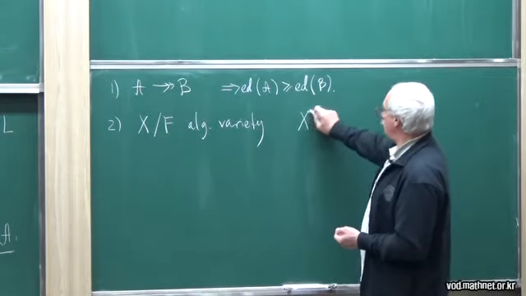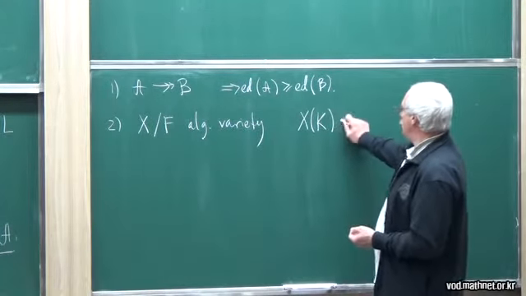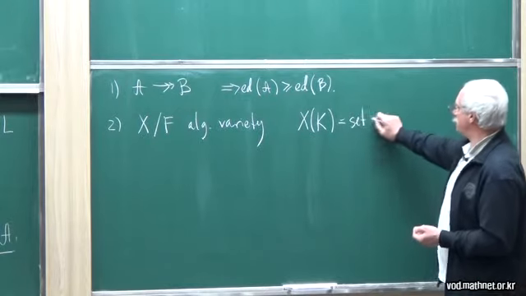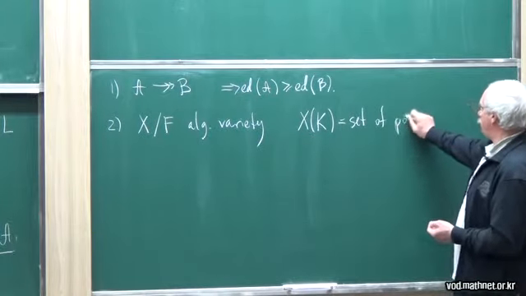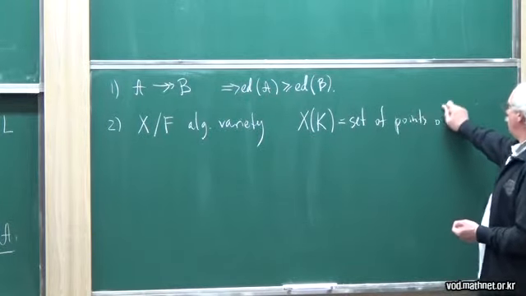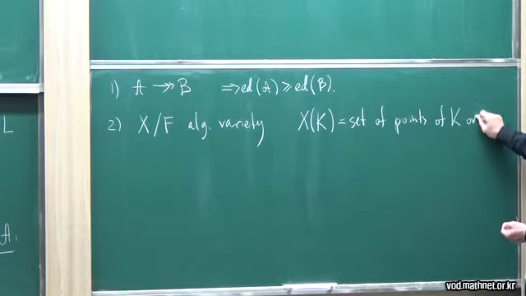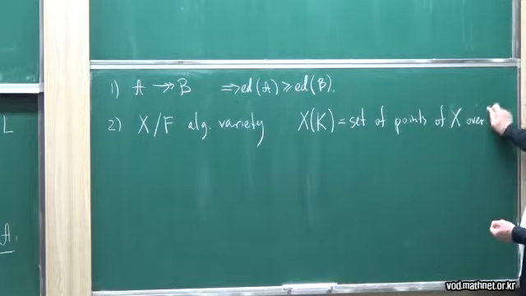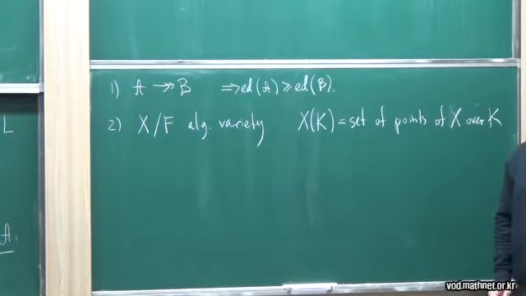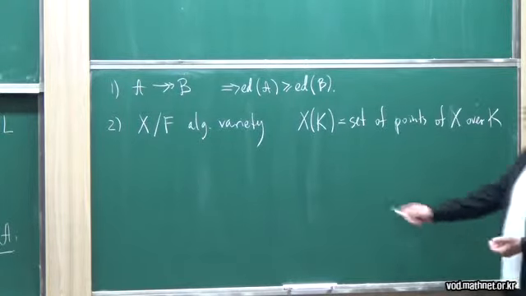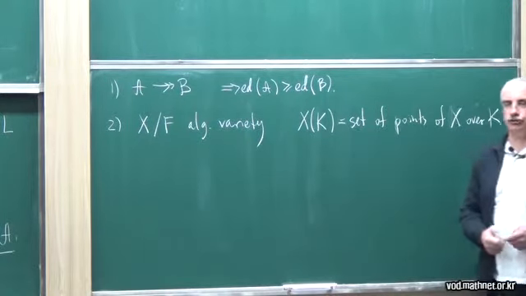You write X of K for the set of points of X over K. So if X is given by a system of algebraic polynomial equations, then X of K is the set of solutions of those equations.